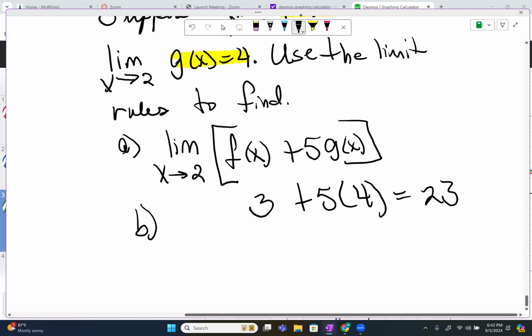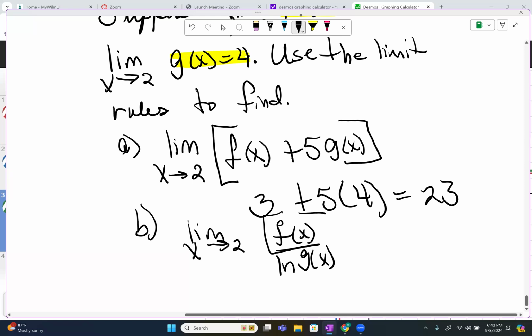Okay, in B, they're giving us the limit as x approaches 2, and this is true for f of x over the natural log of g of x, and the top part is squared.